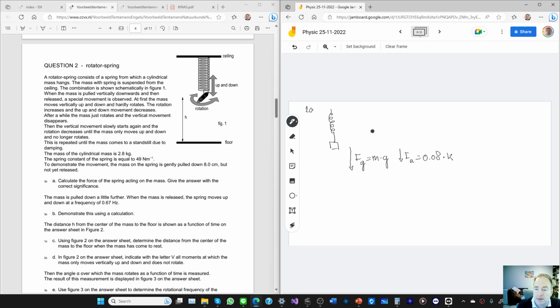And then in order for this to be at rest, we need to have a counter spring force going up here. So this has to be the absolute value of this, and let's define these numbers all as positive. And we need to have this be equal to Fg plus the applied force.